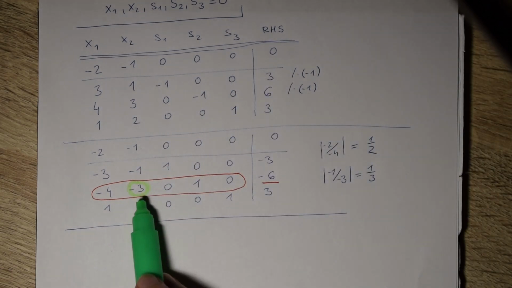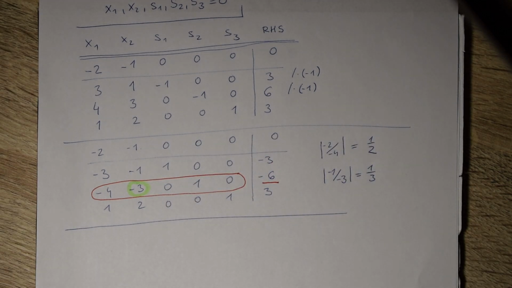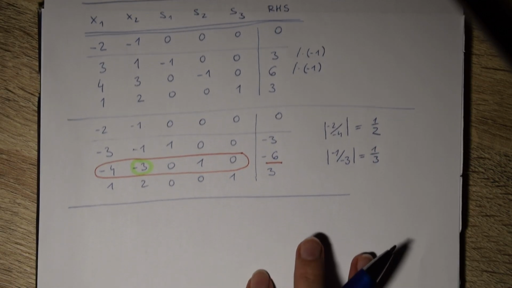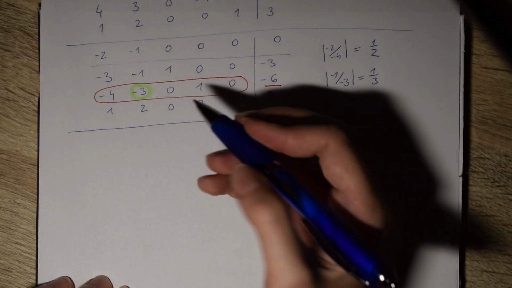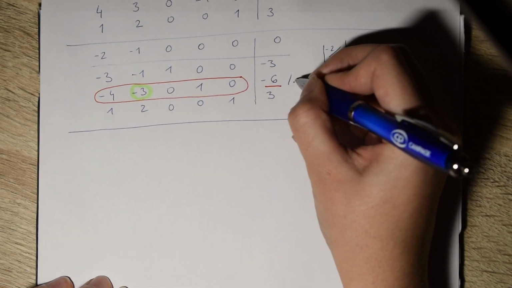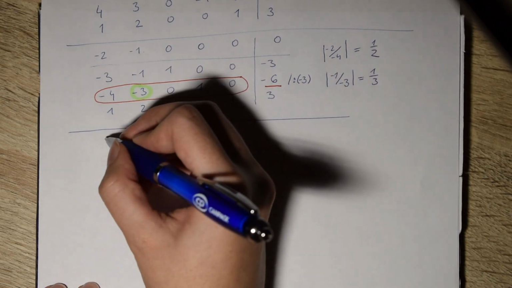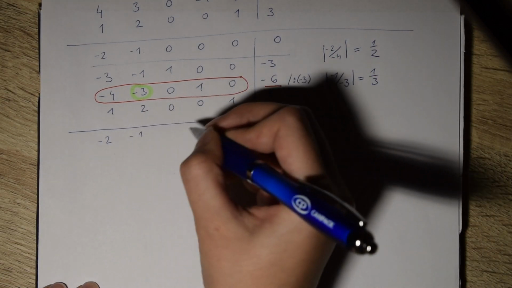We add x2 to base, so we want here 1 and 0 here. We divide the entire row by -3. Now rewrite the table. First row will be the same.